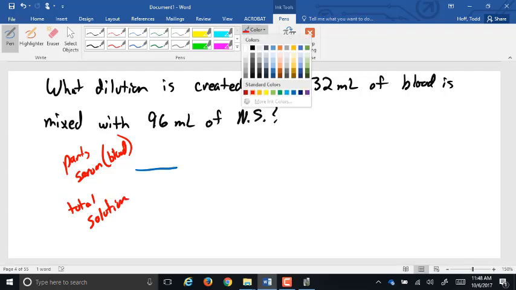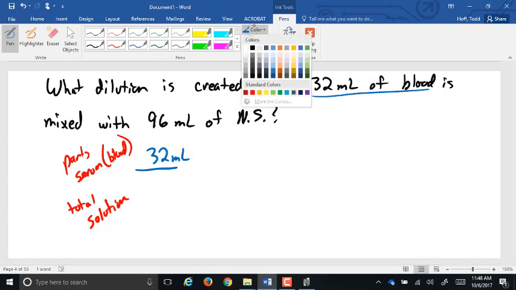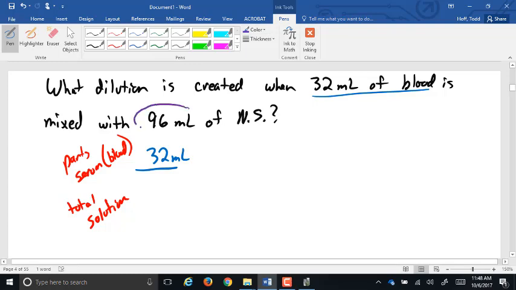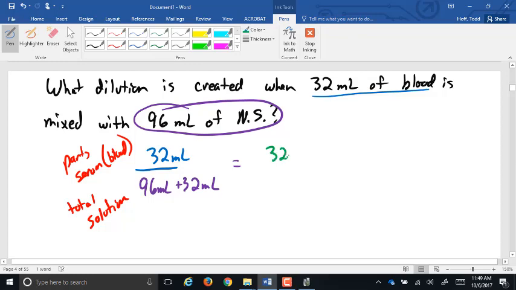Do we know the parts of the blood? 32 milliliters of blood. Do we know the total solution? 96 is, there we go. We have 96 milliliters of normal saline. We are adding that to the 32 milliliters of blood. So we're getting 32 milliliters on top, stays the same. 96 plus 32, 128 milliliters of total solution.